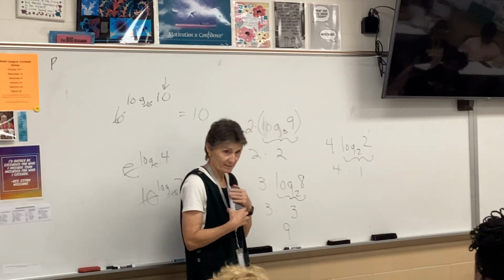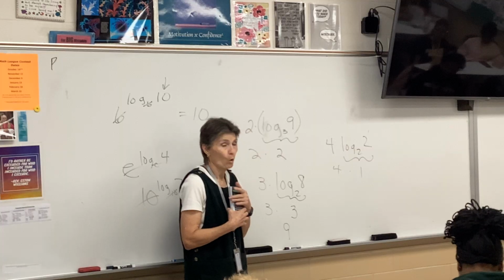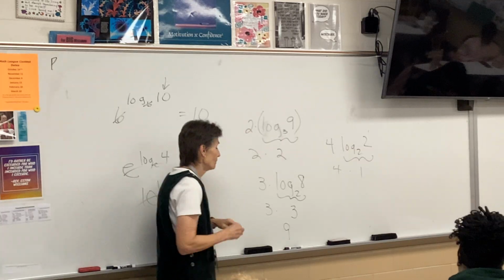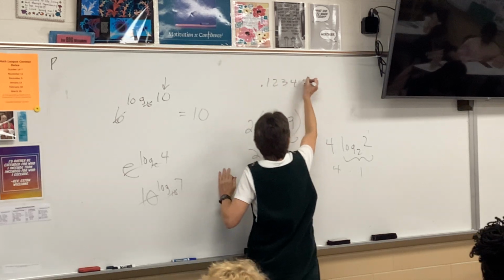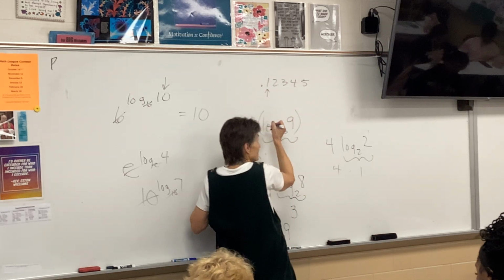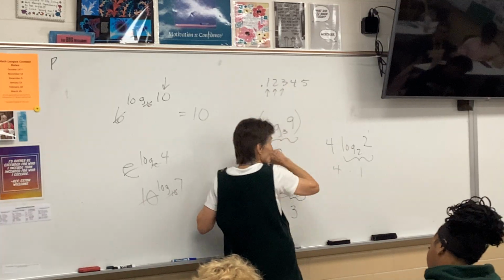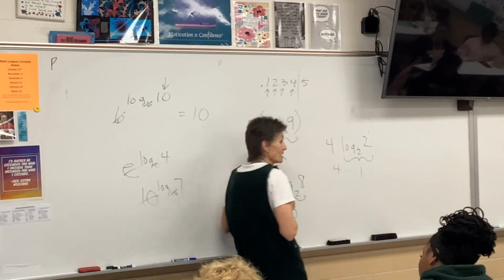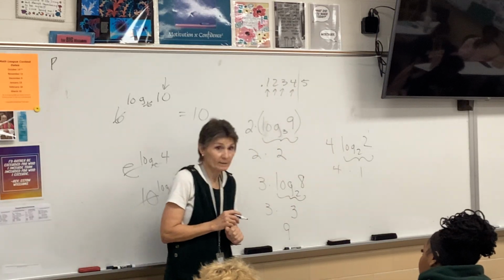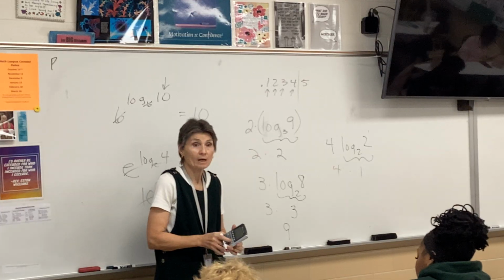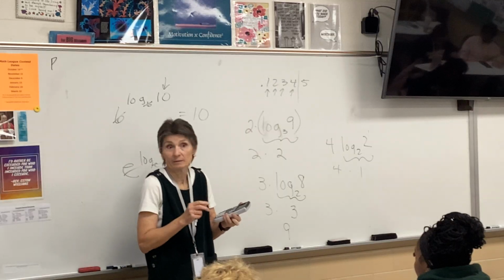How many decimal places is 10,000? 4. Quick review of decimals: this is the tenths, hundredths, thousandths, ten-thousandths. So that's where we're rounding right there. After that would be hundred thousandths, then millionths.